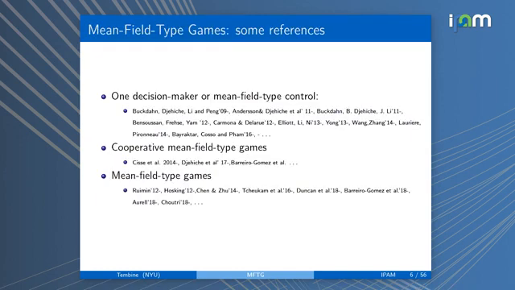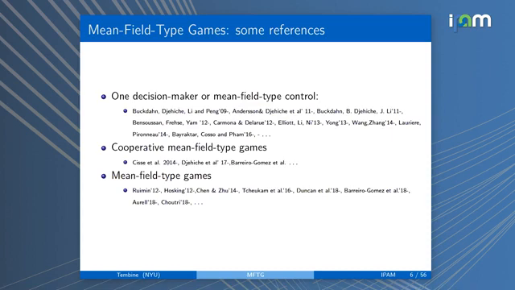So what is mean-field type control? Mean-field type control is a control of McKean-Vlasov equations, McKean-Vlasov systems. It means that you have dynamics that involve the distribution, and the cost function also involves the distribution. What is different from mean-field games is that the agent, the controller here, influences the entire mass.